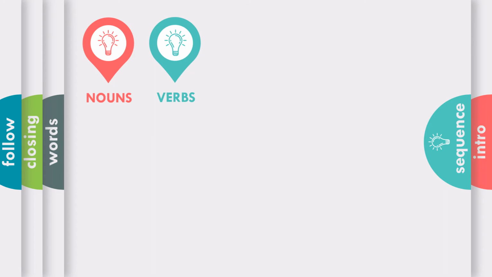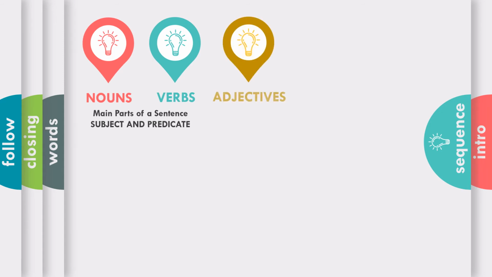Okay. So as the children master these words, introduce them to the parts of the sentence. So as they learn to identify nouns and verbs, they can learn to analyze sentences into their 2 main parts, the subject and the predicate. Once the child has mastered the concept of noun and verb, introduce the adjective.